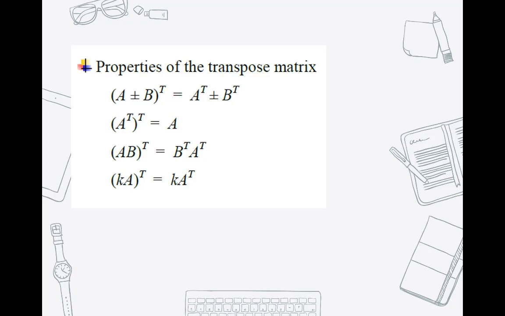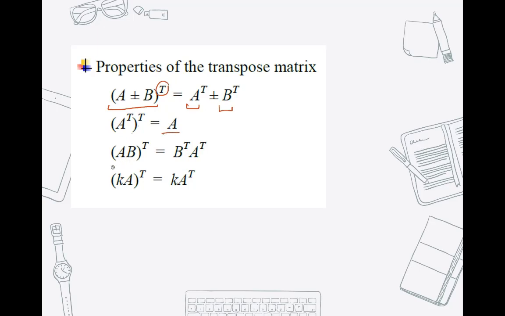Before we go to the example, we look at the properties of the transpose matrix. The first property: if you add or subtract two matrices and then find the transpose, it is the same as finding the transpose first and then adding or subtracting the two matrices. Next, if you transpose a transpose matrix again, you get back the original matrix.